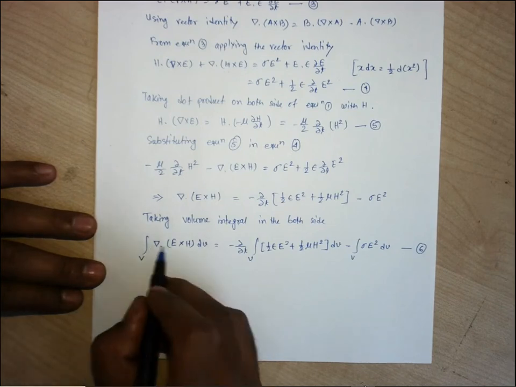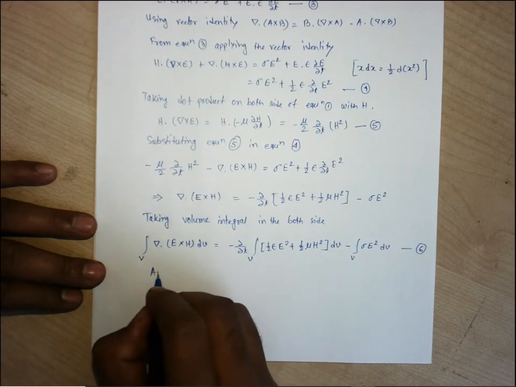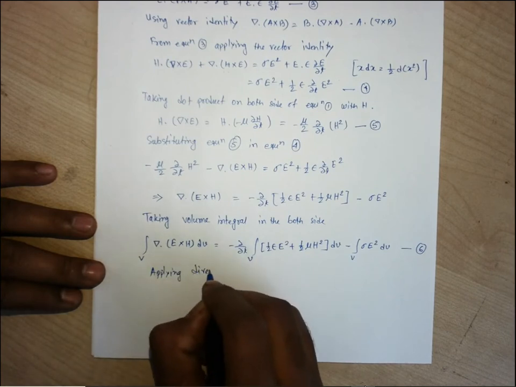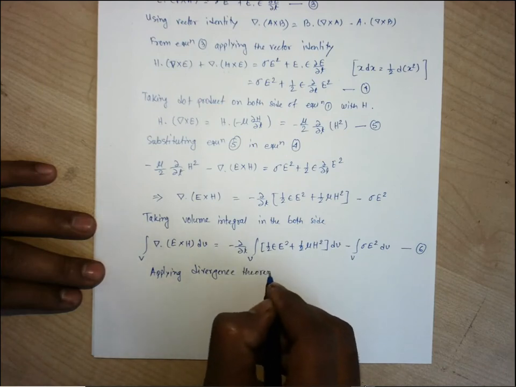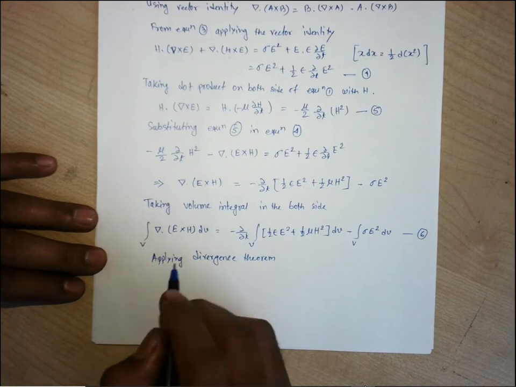It is divergence of E cross H. So we can apply the divergence theorem. Applying the divergence theorem, we can write this as a closed surface integral, since it is a volume integral.